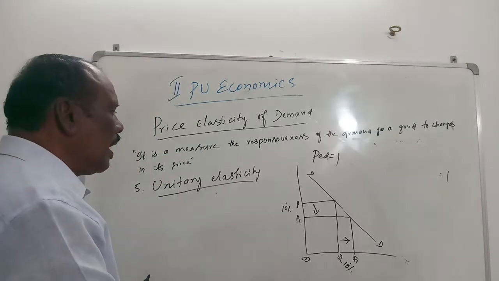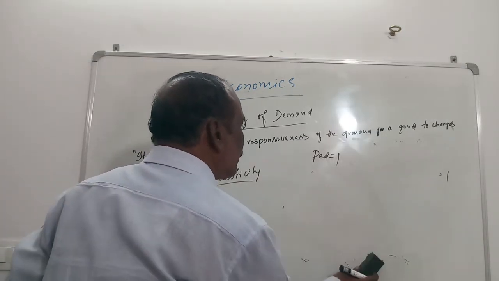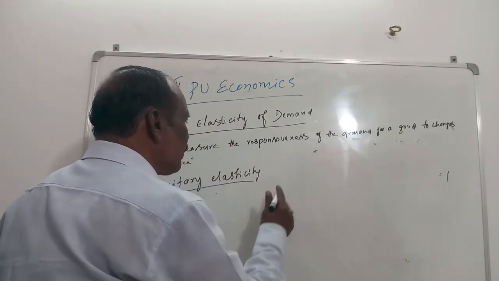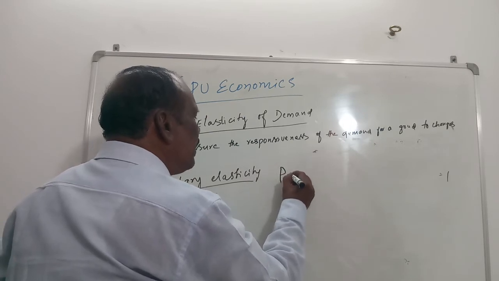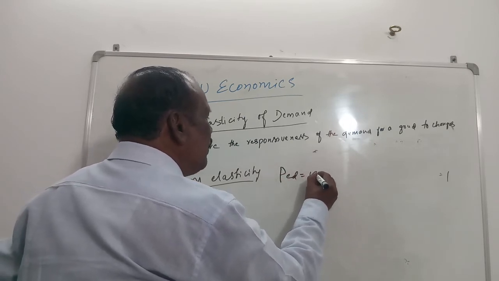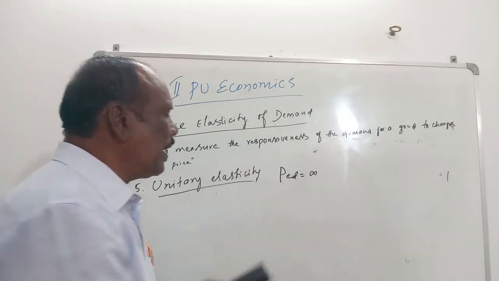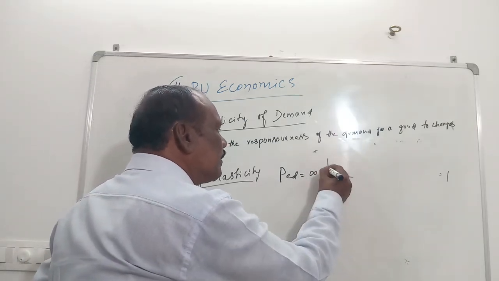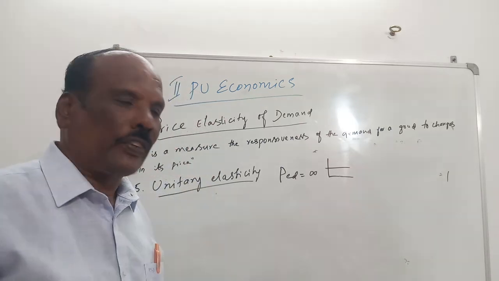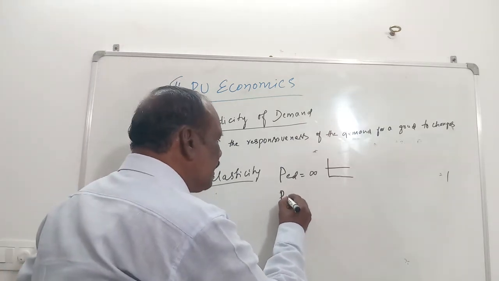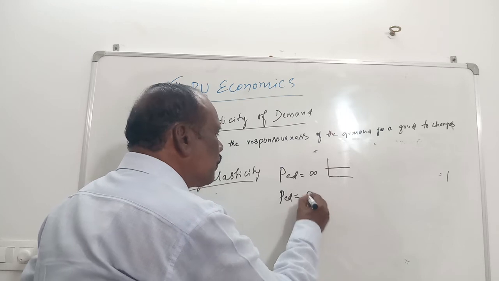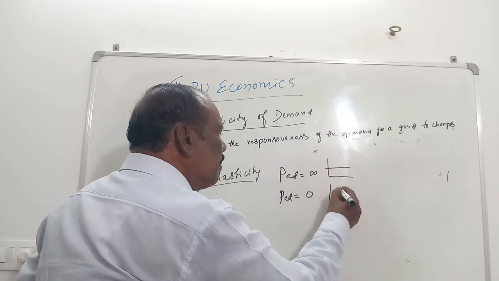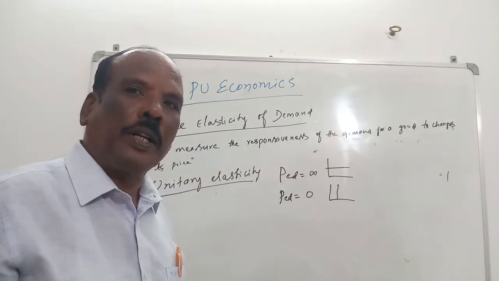So what all we understood here, please see. Number 1, PED is equal to infinite, where the demand curve is horizontal. Number 2, PED is equal to 0, where the demand curve is vertical.